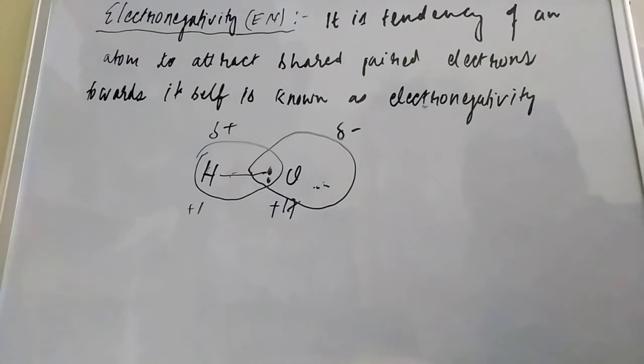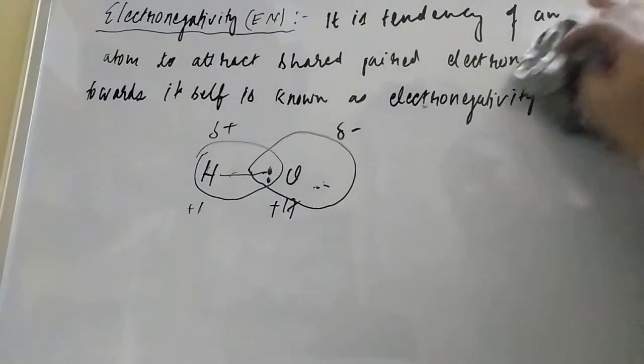Now, student, there are some facts we have to keep in mind based on electronegativity. We will also write the variation in the periodic table, that is, going down the group or left to right.